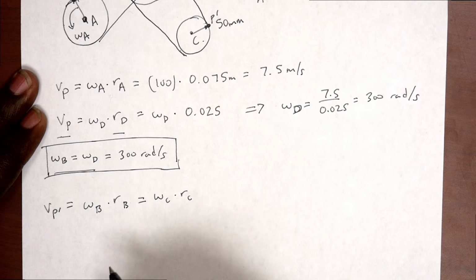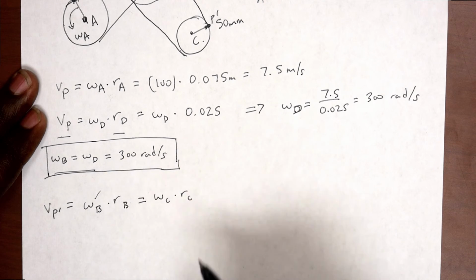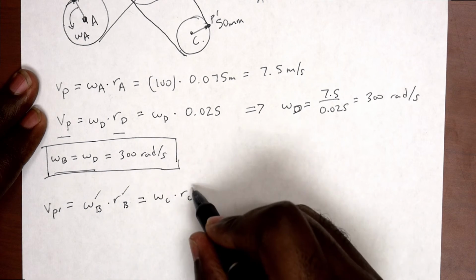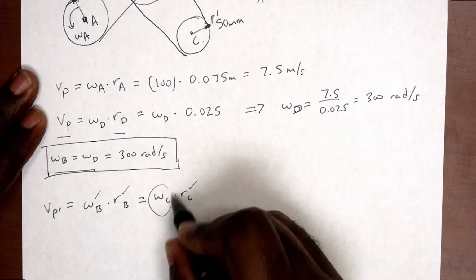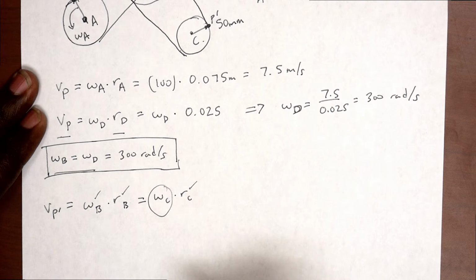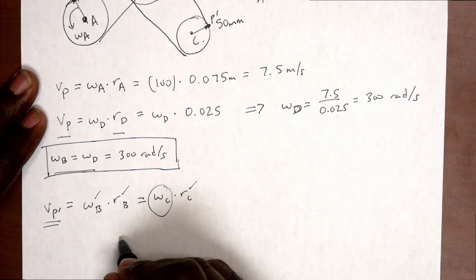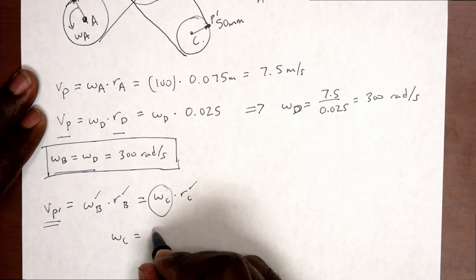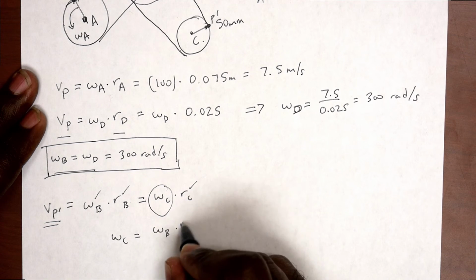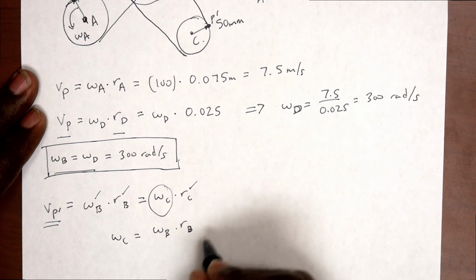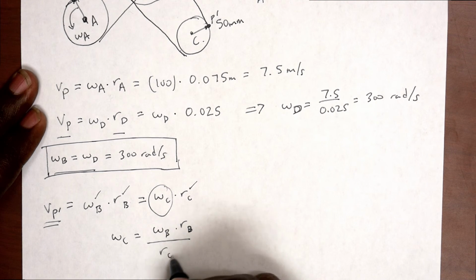And the good thing is we actually know what omega B is, we know what RB is, we know what RC is, and this is what we're trying to solve for, the omega C. Okay? And so without even knowing what this velocity VP prime is, we can actually solve for omega C. So we can do that algebraically by saying that omega C would be equal to omega B dot RB divided by RC.